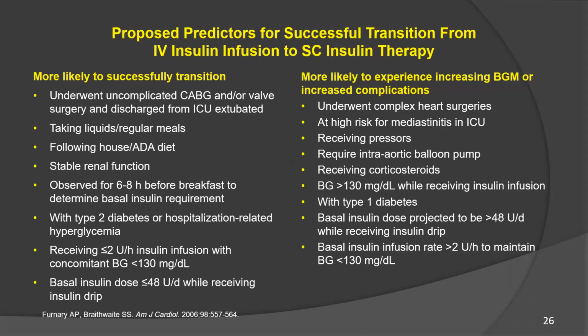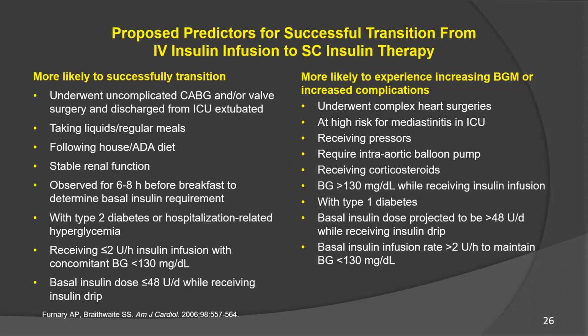Now, what are the proposed predictors for successful transition from IV insulin infusion to sub-Q insulin therapy? What are the factors or what are the patient categories who would most likely be successfully transitioned and would continue to be on sub-Q insulin?